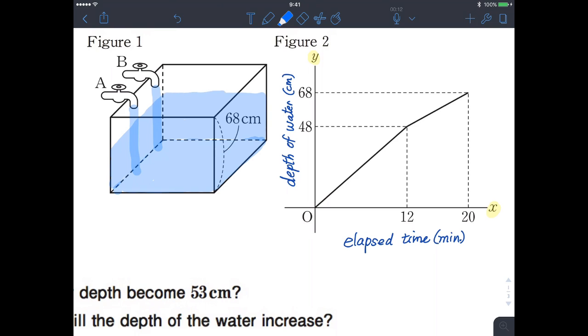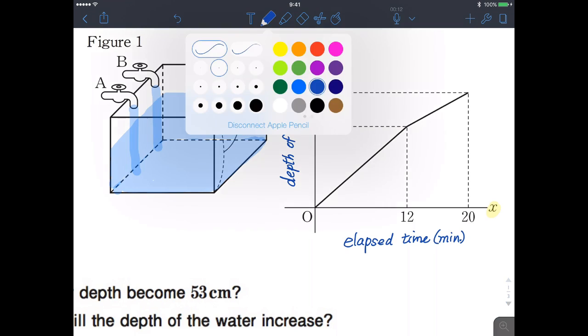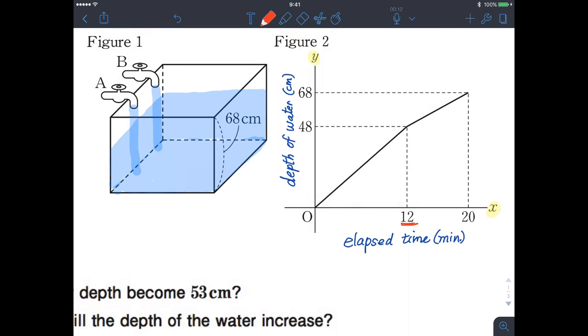Then we see that after 12 minutes, we get to this point on our graph. That tells us that the depth of the water reaches 48 centimeters. So we can show that here on our drawing, 48 centimeters. And that looks like this. So the red line shows us the depth of the water after 12 minutes.